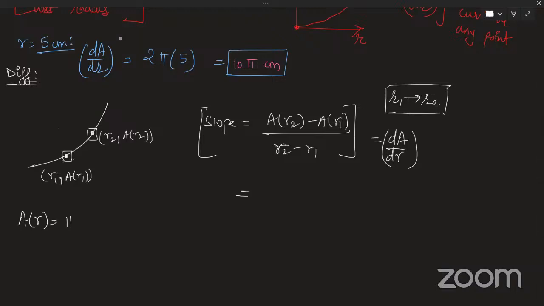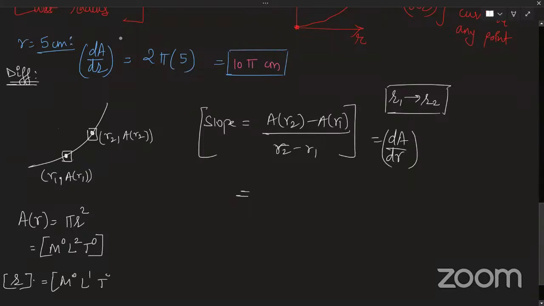A of r is pi r square, which is area. Is it M0 L2 T0? Right? And what is radius? Radius is M0 L1 T0. Is this right?